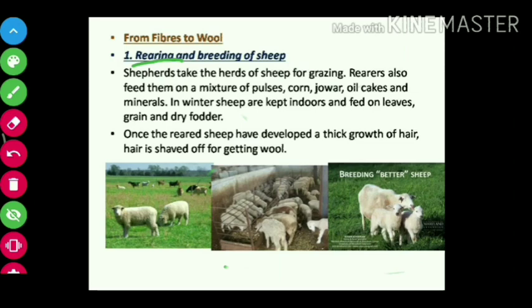Then breeding is what? Breeding is producing offspring of the quality or character you want. We want better sheep.